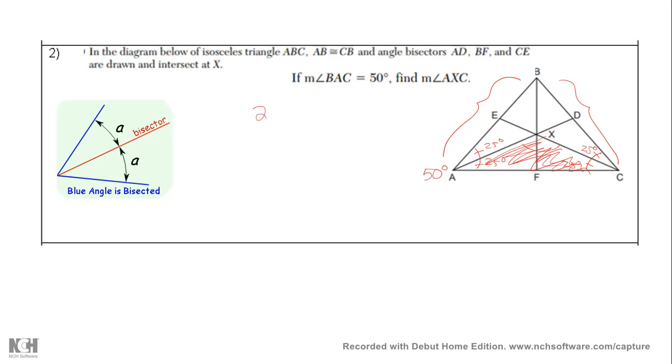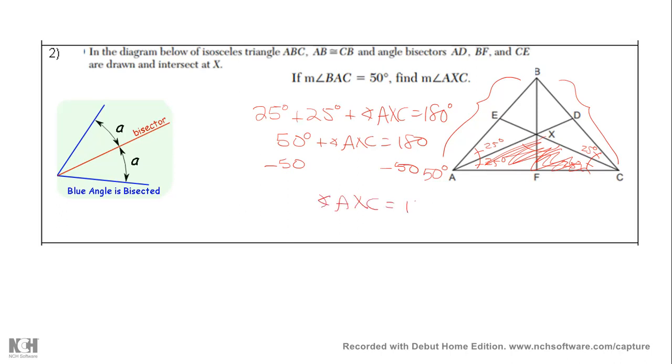So 25 plus 25 plus angle AXC equals 180 degrees. That's 50 degrees plus angle AXC equals 180, and subtracting 50 from both sides, angle AXC is equal to 130 degrees.